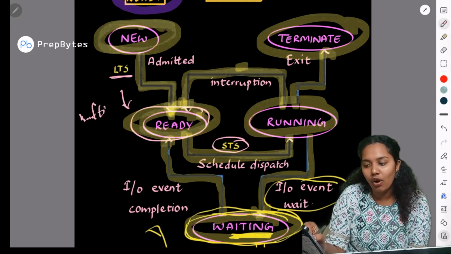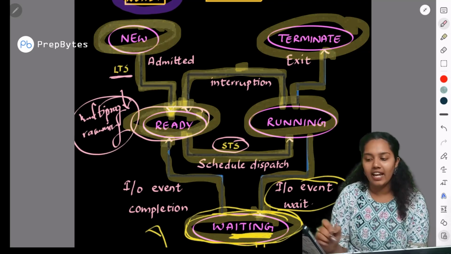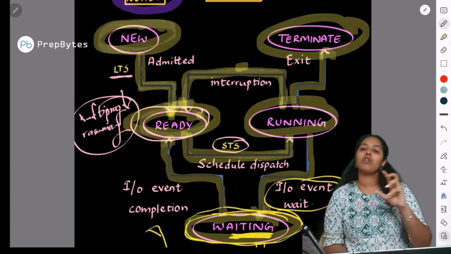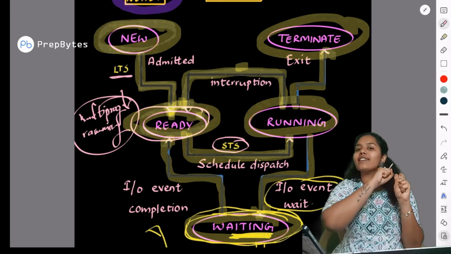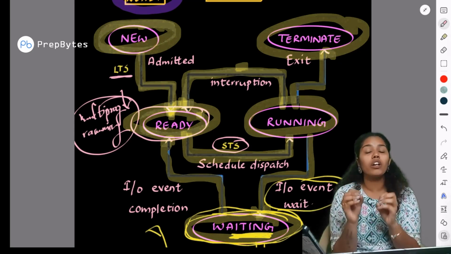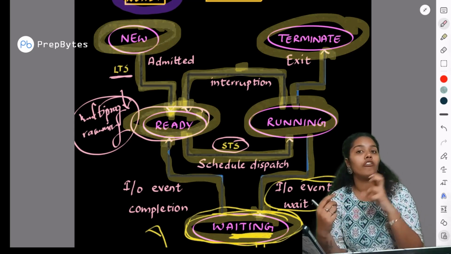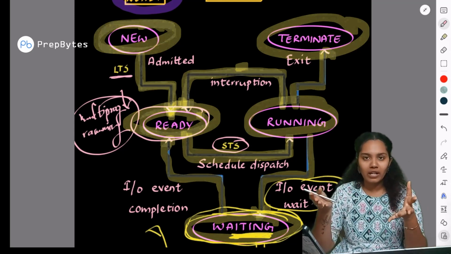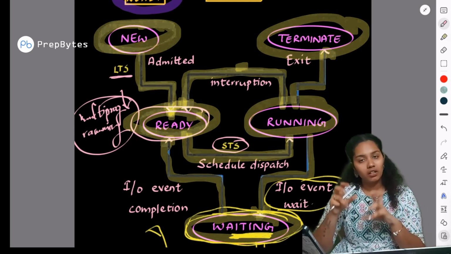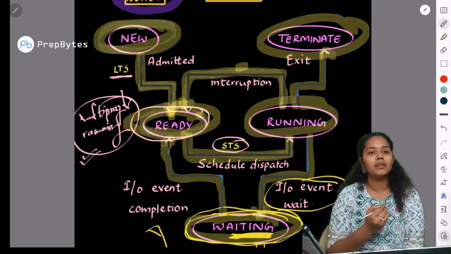So the degree of multi-programming is taken care of by the long-term scheduler. It picks all the processes from the new state and drops them into the ready queue to increase the degree of multi-programming, which means there will be a huge number of programs in the ready state which are ready to be executed. That's why it is known as the degree of multi-programming.